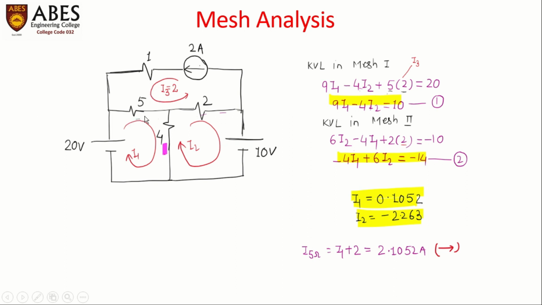Now the current of the 5 ohm resistance would be I1 plus I3. Now the resultant current I5 ohm is I1 plus 2, that would be equal to 2.1052 ampere. Again, if you want to find the current in the 2 ohm resistance, it would be I2 plus I3, and in the 1 ohm resistance, we already know that the current is 2 ampere.